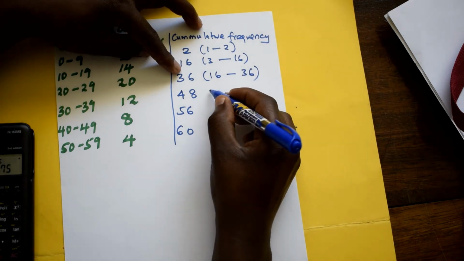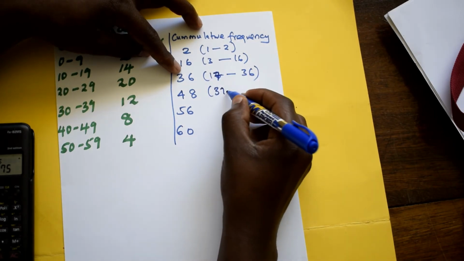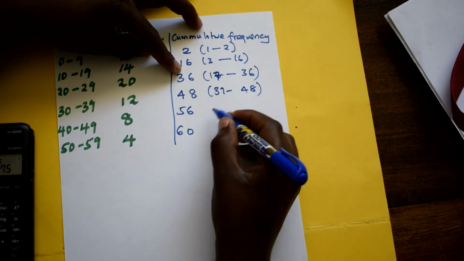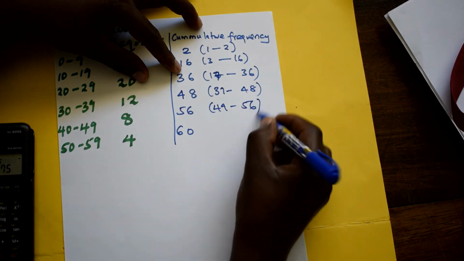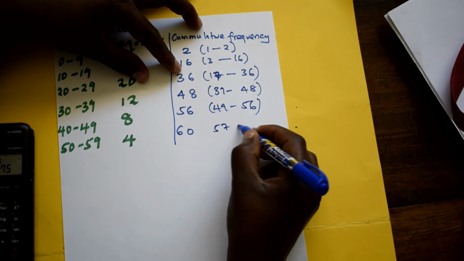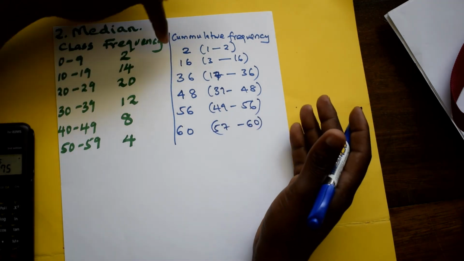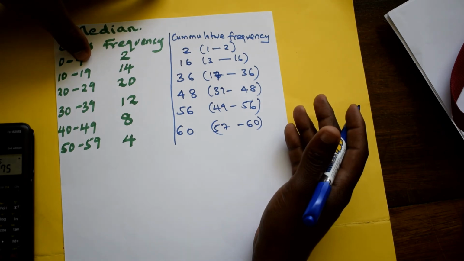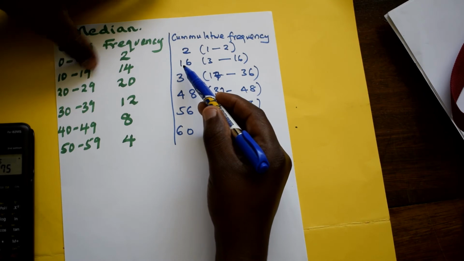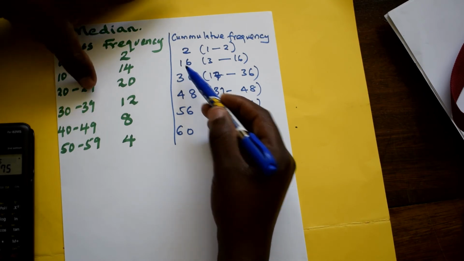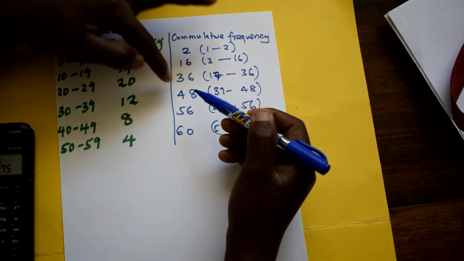Then 37 to 48, then 49 to 56, and then we have 57 to 60. We can also interpret it as those people who got 9.5 and below, then 19.5 and below, and 29.5 and below, who are represented here that way.